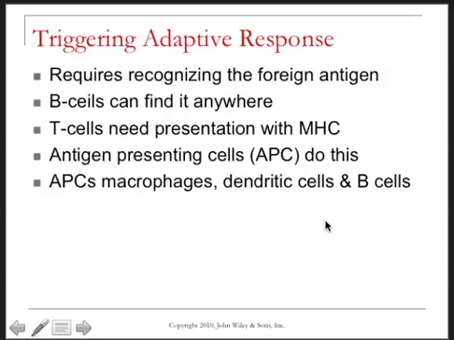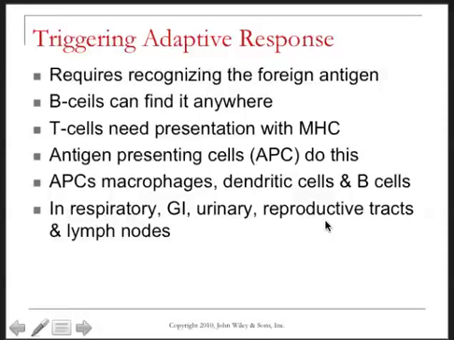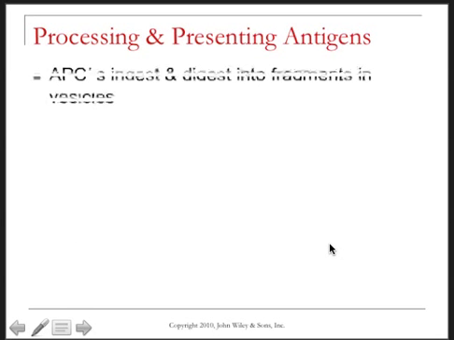Antigen-presenting cells include macrophages and dendritic cells. These interact with B cells. B cells also have the ability to ingest and display antigens. You also find them in the respiratory, the GI, the urinary, and reproductive tracts, as well as, obviously, in the lymph nodes and lymphatic organs.